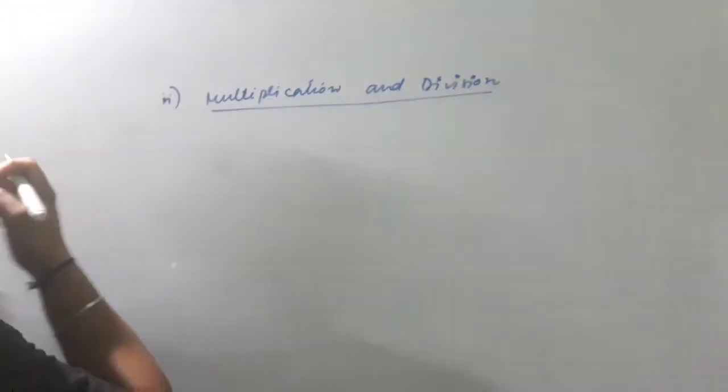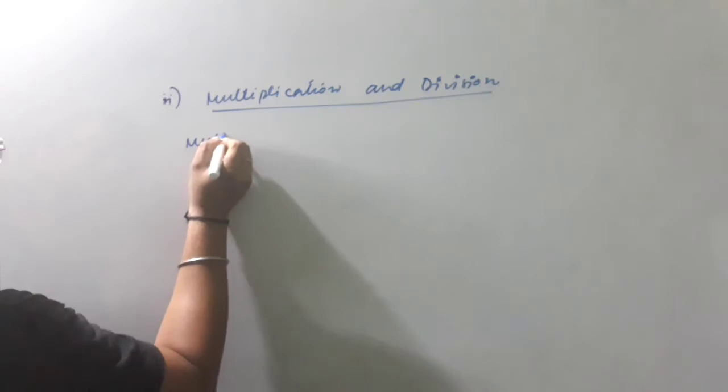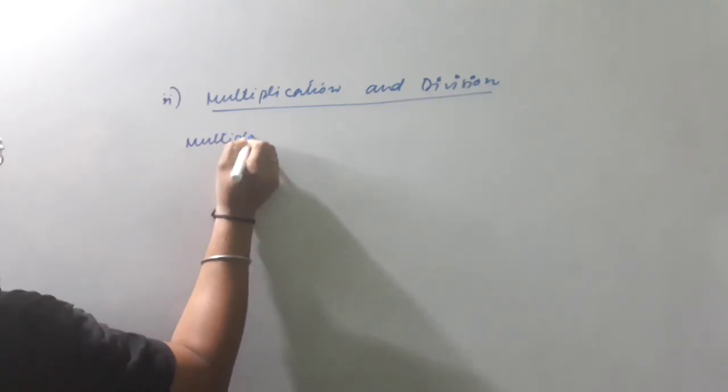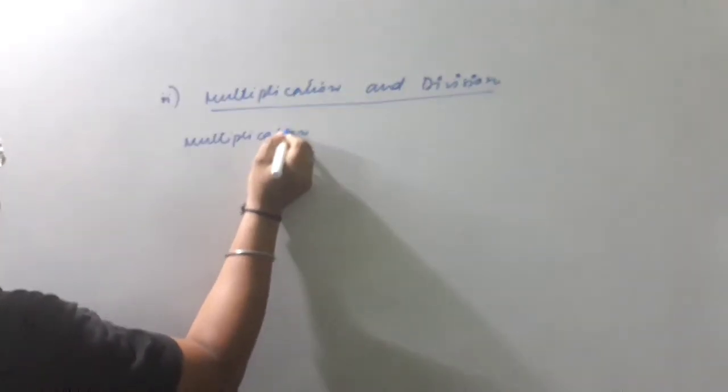Now let's talk about multiplication first. Consider, I can provide even a general form of example. Say a into 10 to the power x is multiplied with, suppose, b into 10 to the power y. So if it happens, what can we say? A into b into 10 to the power x into 10 to the power y. We can say like that.